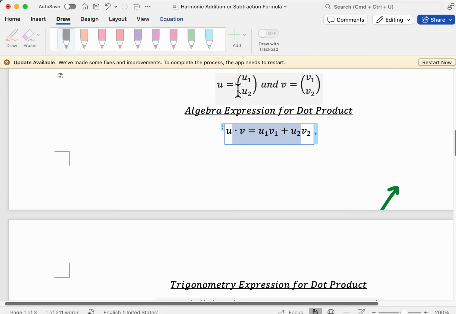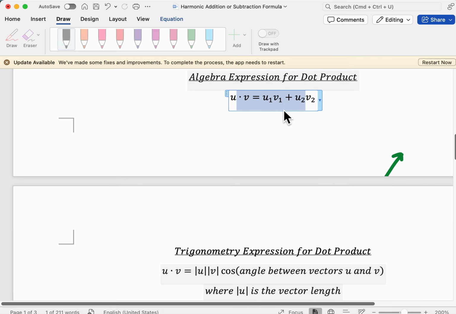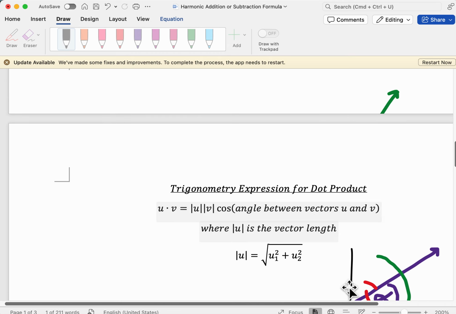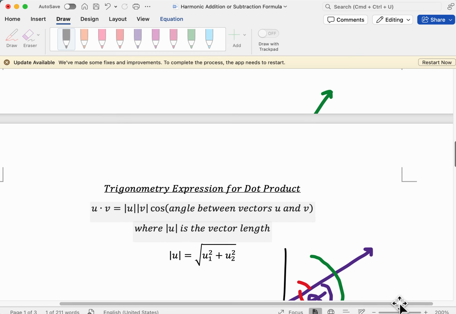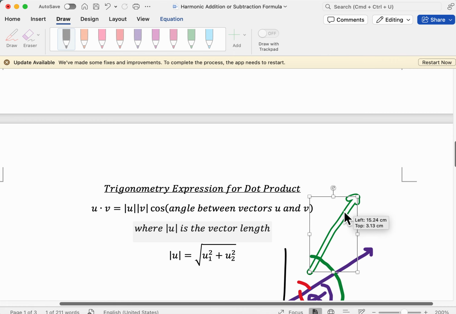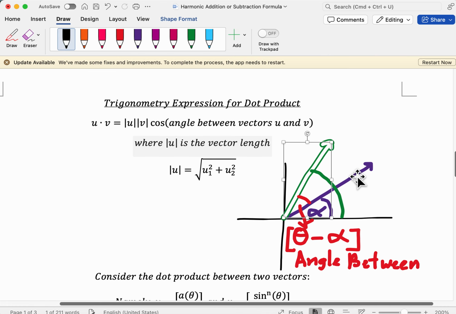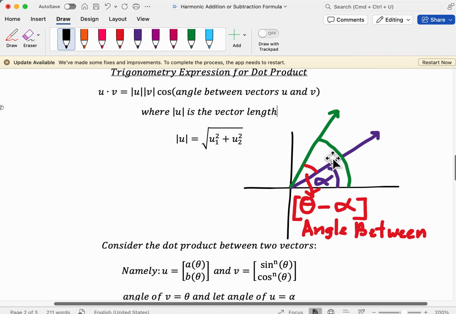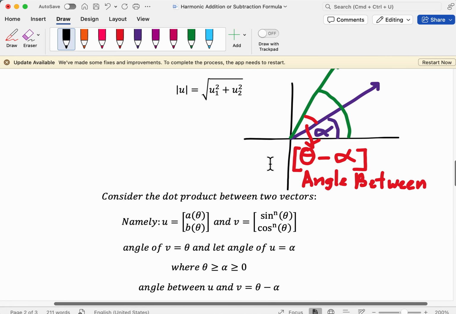Now, finding the angle between u and v is non-trivial and might require some work. So that's what would be the vector length or magnitude. But we can define alpha.